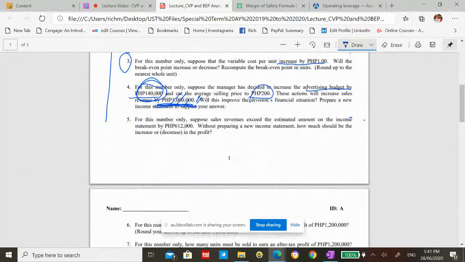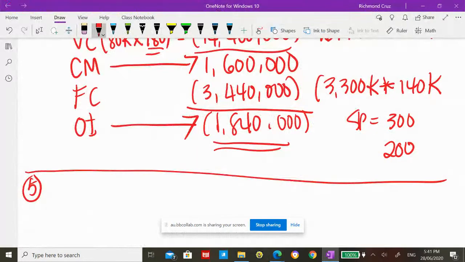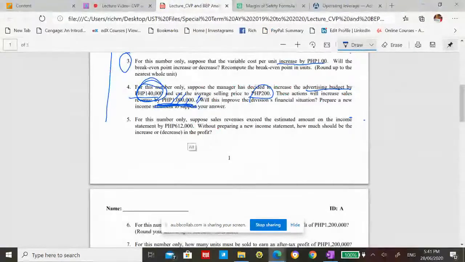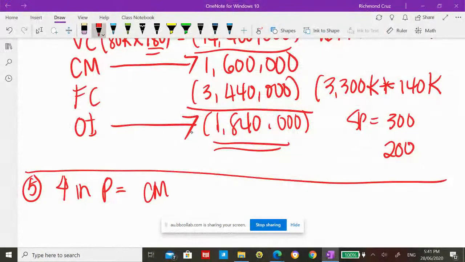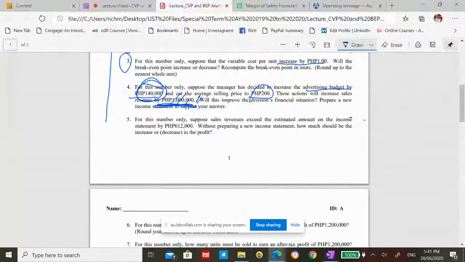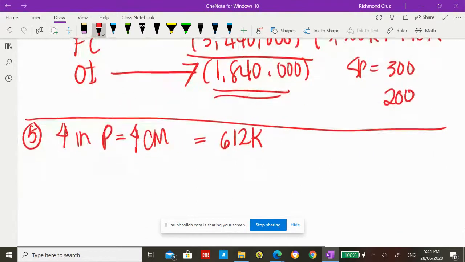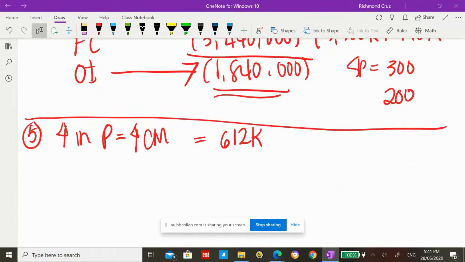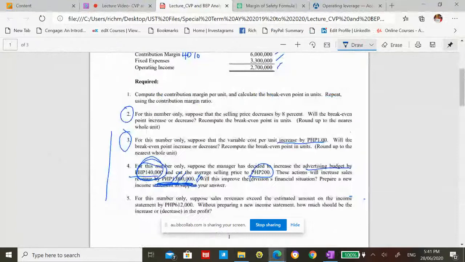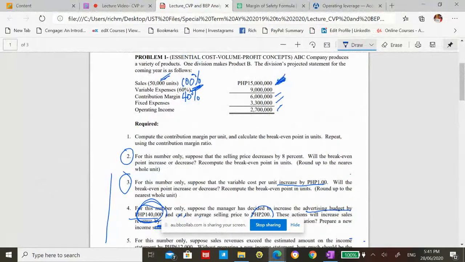So, the increase in our profit will be the increase in the contribution margin. The increase in your sales is 612,000. But take note, for our sales to increase by 612,000, we will incur additional variable expenses equivalent to 60%.